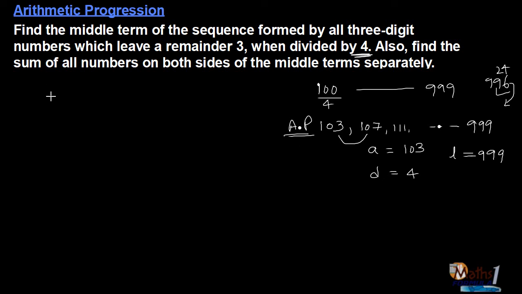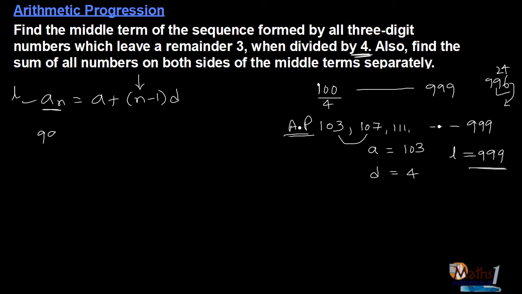So a_n, the nth term value, equals a plus n minus 1 multiplied by d. What I need is n, which shows how many terms there are in this series. a_n is actually my last term, that is L.